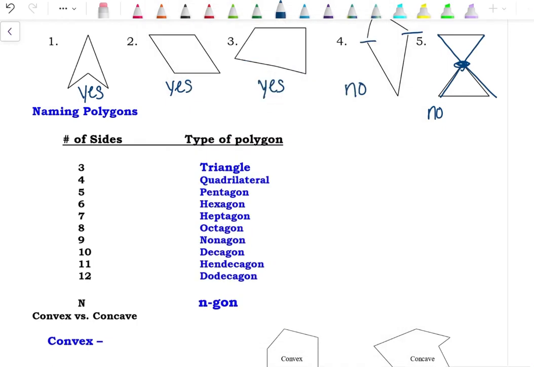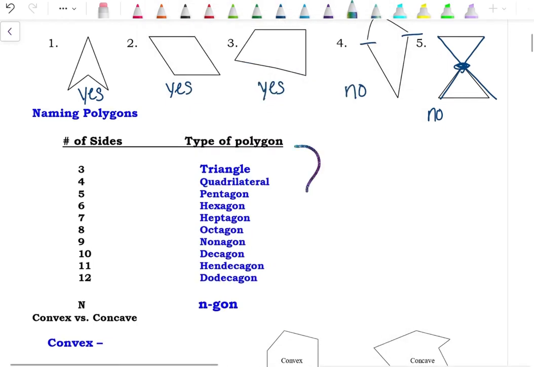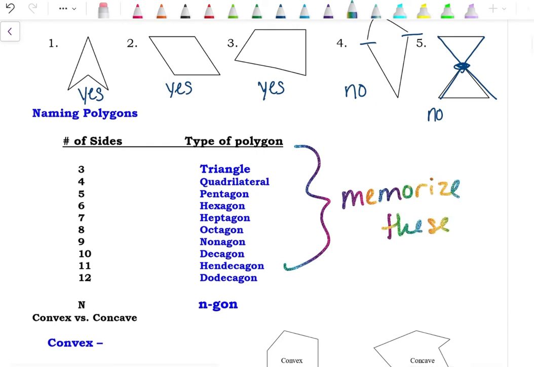But you are going to want to memorize these. Get really familiar with those names because they are going to come up a lot, like how many sides does an octagon have, and you have to know that an octagon has 8 sides based on the name.